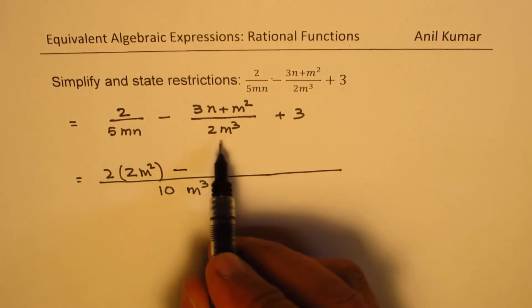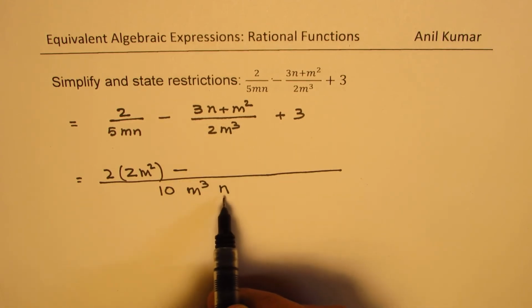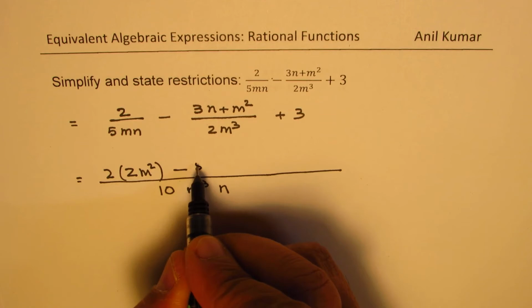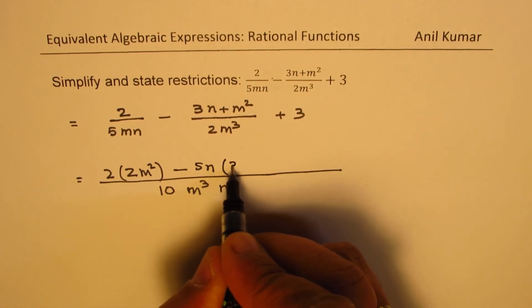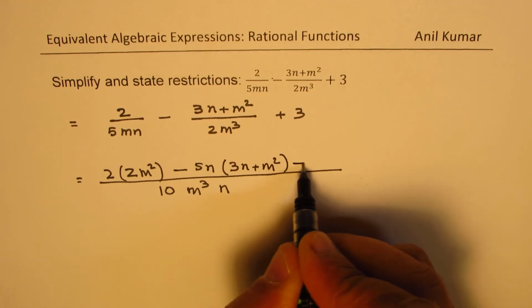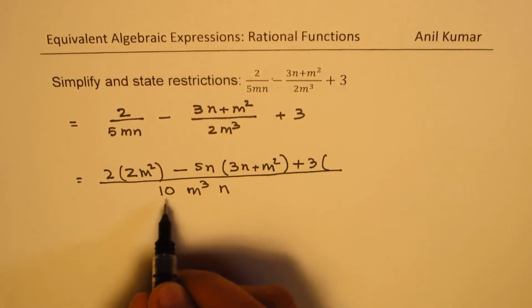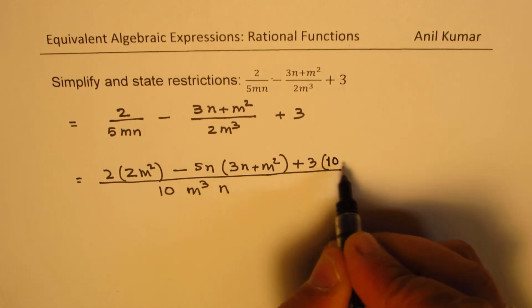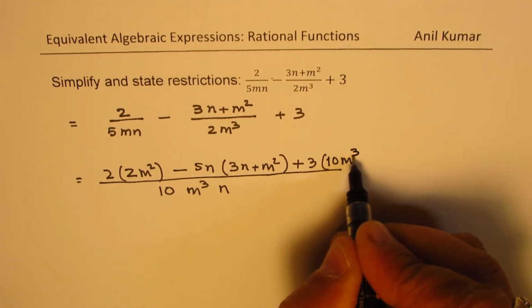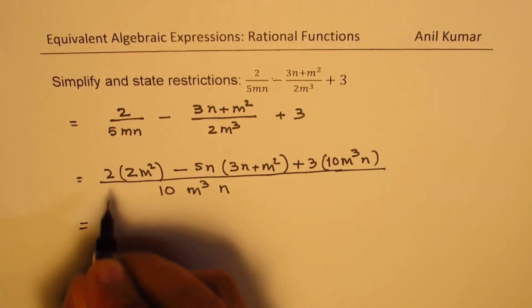In the second case, we have 2m cube. Now that means we need 5 times n. So we'll multiply 5 times n with 3n plus m square. Is that clear to you, right? Plus 3 times, here the denominator is 1. So we'll multiply by all of them, which is 10 m cube n. Does make sense to you, right? And now let's open this bracket.